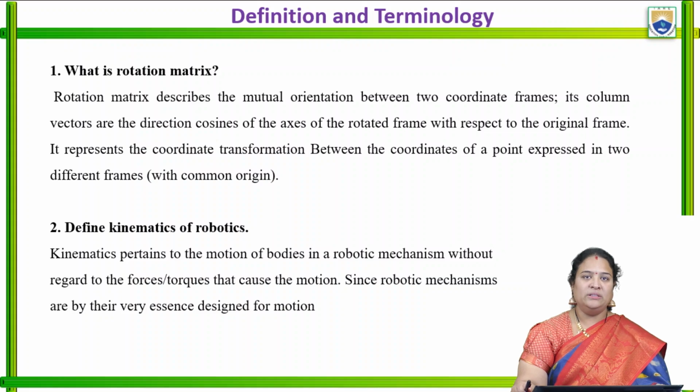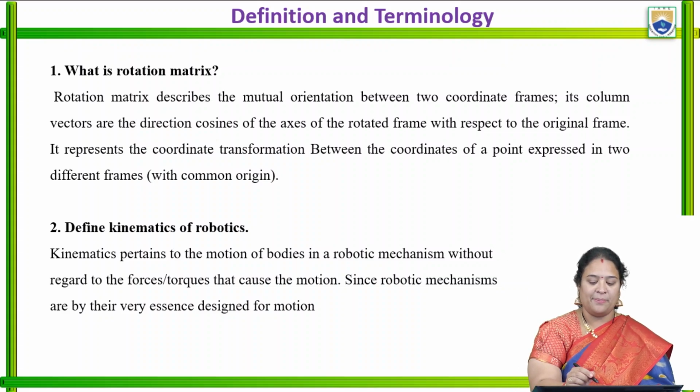Coming to the first one, what is a rotation matrix? What do we mean by the term rotation matrix? The rotation matrix describes the mutual orientation between two coordinate frames. For example, this is one link, this is the other link, and this is the end effector.